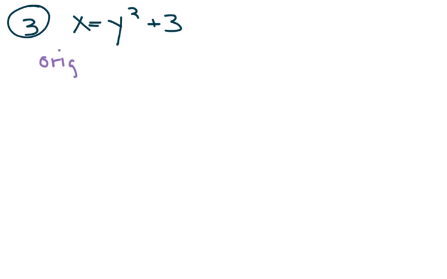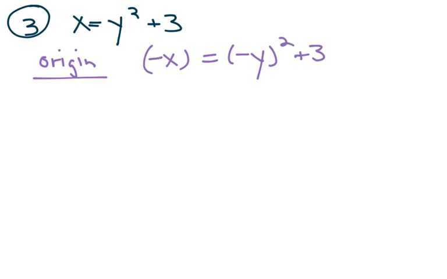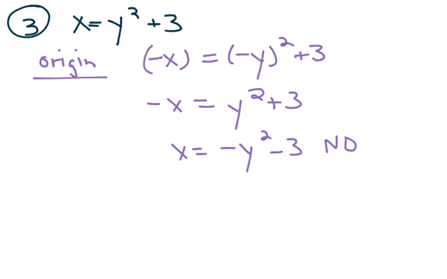So let's check over the origin. If I make x and y negative, do I get the same equation I started with? Well, the negative y becomes positive because it squares, but nothing happens to the negative x. And really, this is the new equation, which is not the same equation I started with.